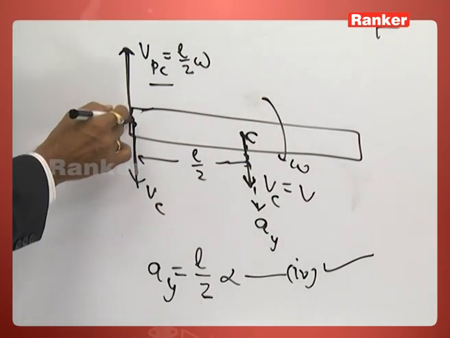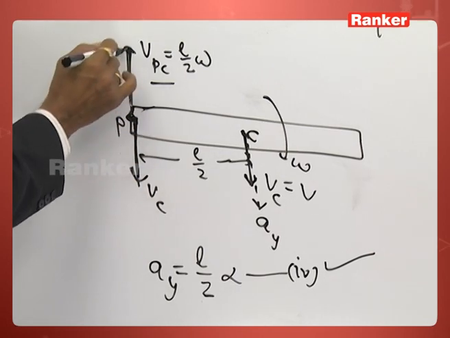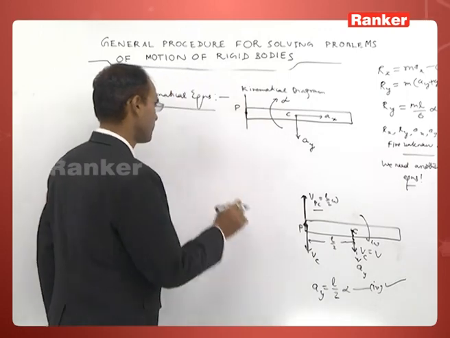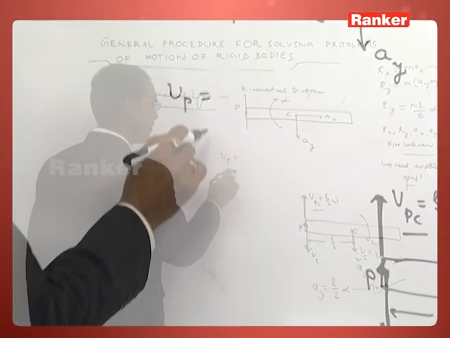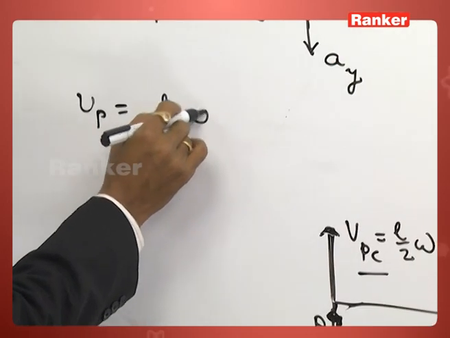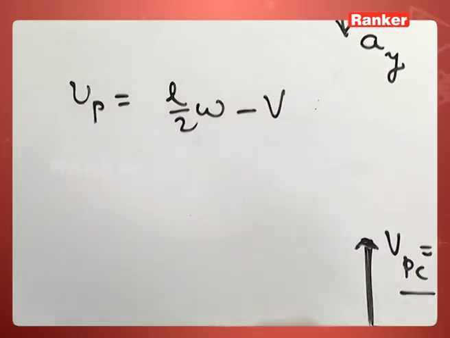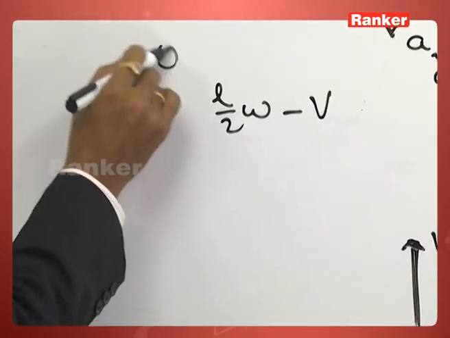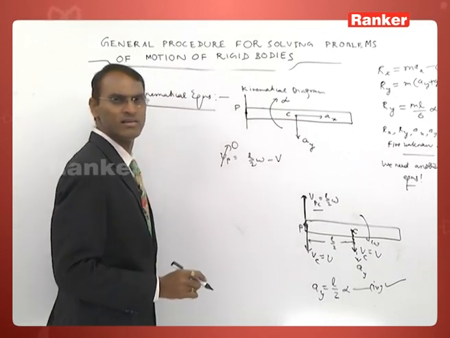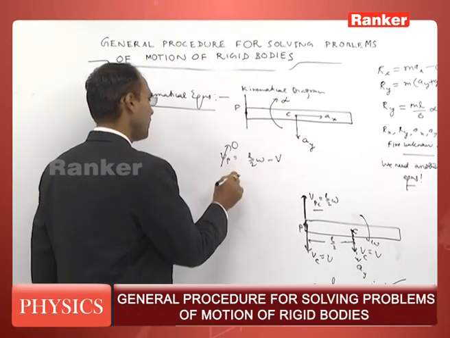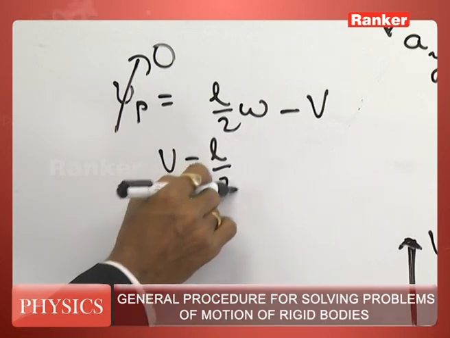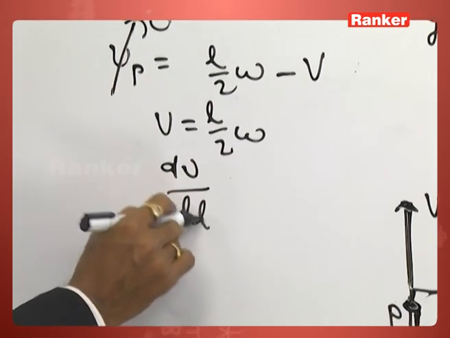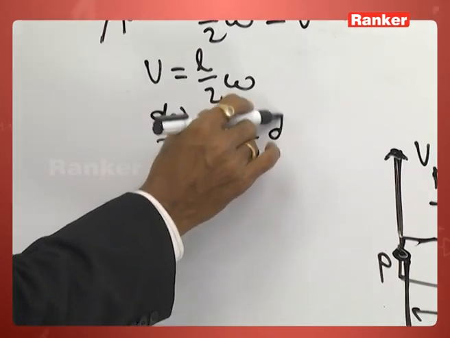You bring VC to this point, VC is down, VPC is up. The velocity of this point is equal to L by 2 omega up, and VC is equal to V down. But this is 0 because this is stationary. When this is not moving, V will be equal to L by 2 into omega. Taking the derivative of both sides, we get dV by dt is equal to L by 2 d omega by dt.